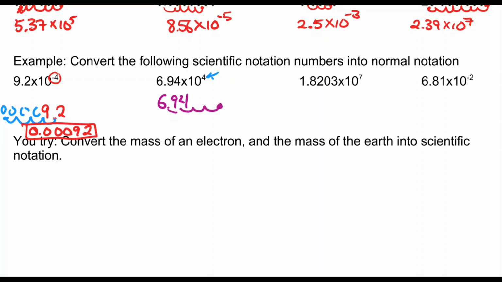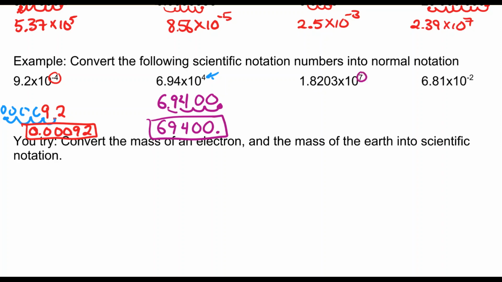And I'll rewrite the decimal there, and fill in the rest with zeros. So 69,400. And the decimal's there. Good. Yeah, this number is pretty big. It's pretty large because it's got a positive exponent. Hopefully that makes sense.